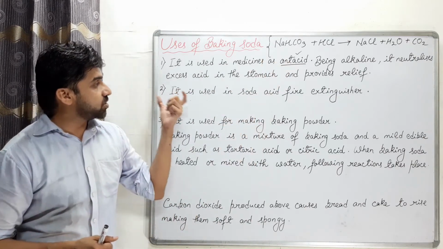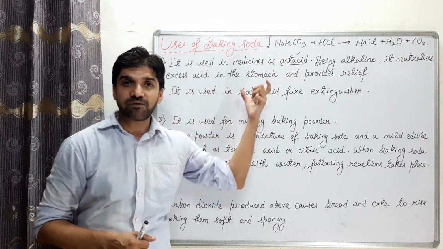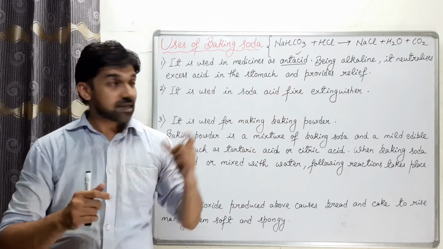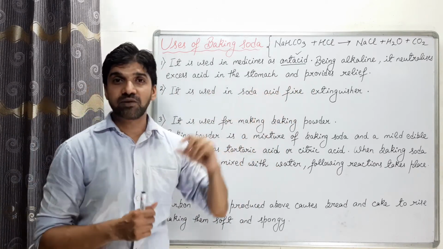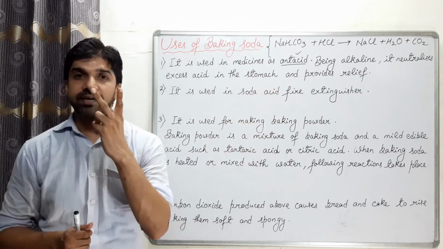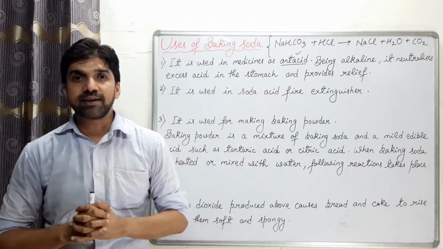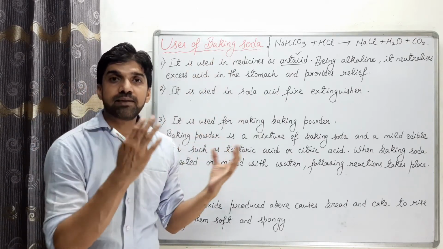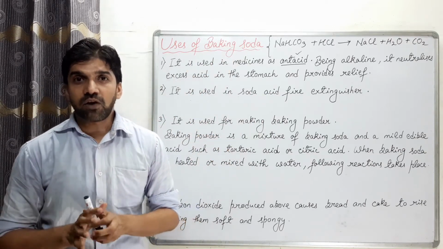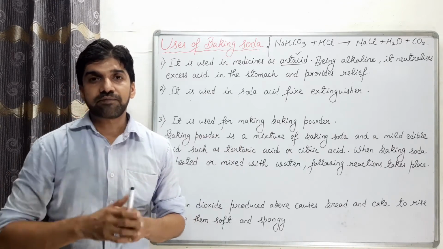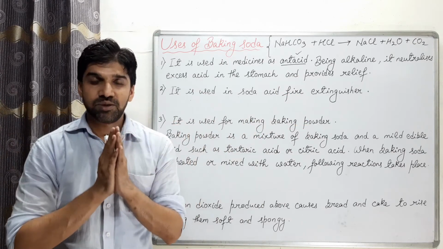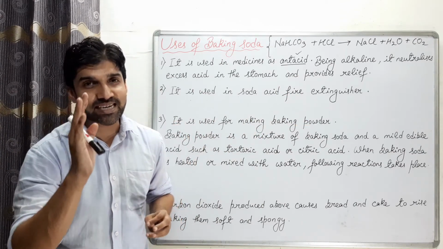Second, it is used in soda acid fire extinguisher. How? The soda acid fire extinguisher contains 2 containers in it. One container contains baking soda and the second sulfuric acid. Now when we press the knob of the fire extinguisher, these 2 mix together to produce carbon dioxide gas.